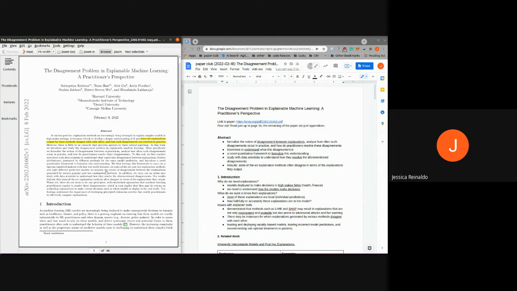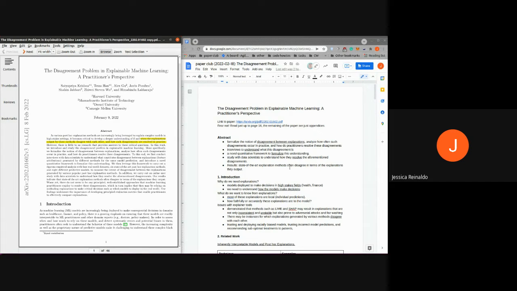So basically, the motivation for this is that we still don't have a way to formalize the disagreement between two explanations given by different explainers. And so this is the basis of their work.